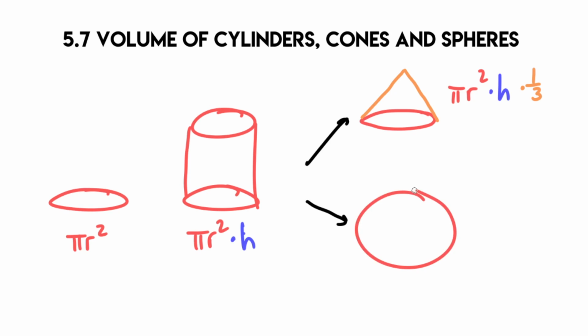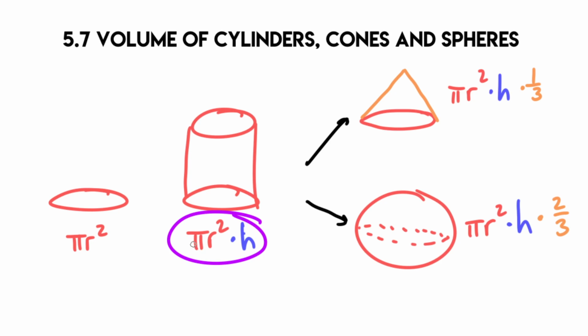Or it's going to make a sphere, and these are looking really bad, so I apologize for that, which is going to be a circle turned into a cylinder and then multiplied by 2/3. Okay? So once again, for all 3 of these, from the top, a cylinder is pi r squared times height, a circle times height. A cone is a cylinder times 1/3, and a sphere is a cylinder times 2/3. So 1/3 and 2/3. And that is the volume of cylinders, cones, and spheres.